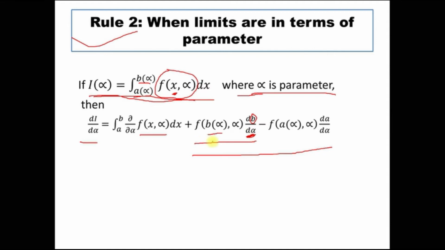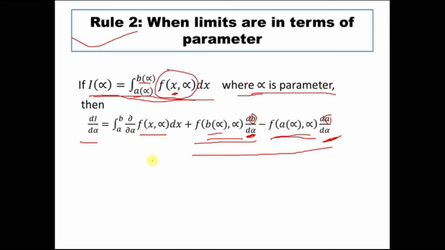The next term, minus f of a of alpha comma alpha, means we put the lower limit of the integral in place of x, and we differentiate that lower limit a with respect to alpha.